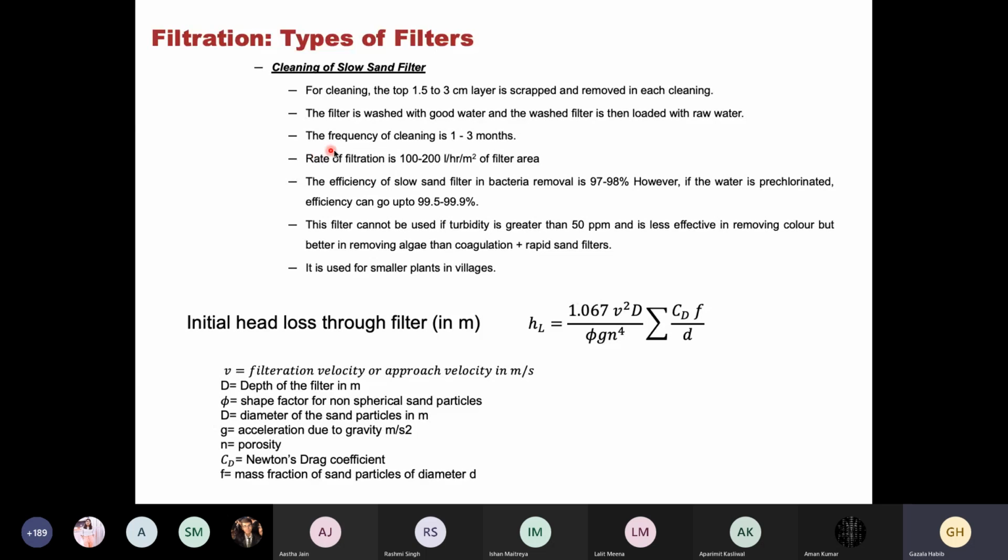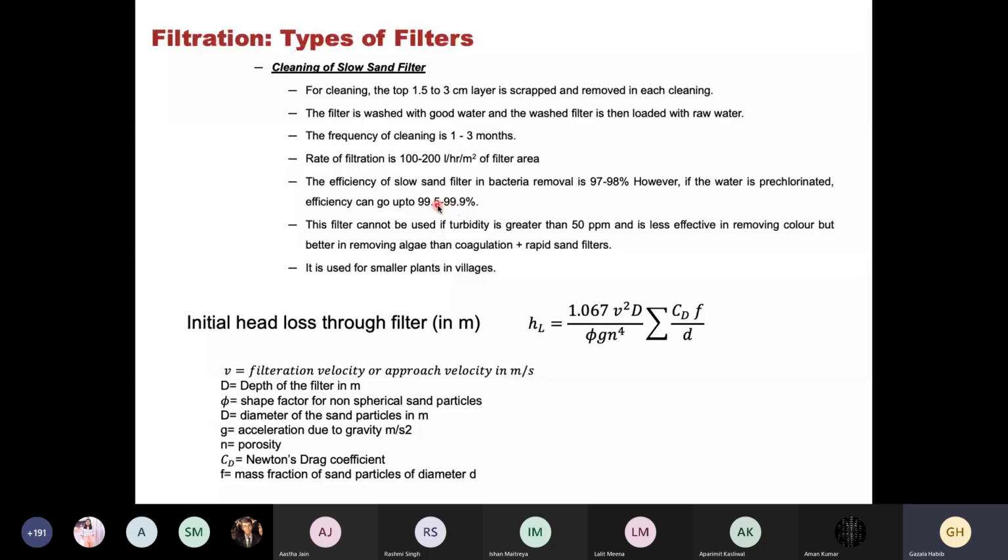Rate of filtration is 100 to 200 liter per hour per meter square of filter area. This particular unit is capable of removing the bacteria by 97 to 98%. If the water is already pre-chlorinated, meaning chlorine is used to kill the bacteria, then its efficiency will go up.